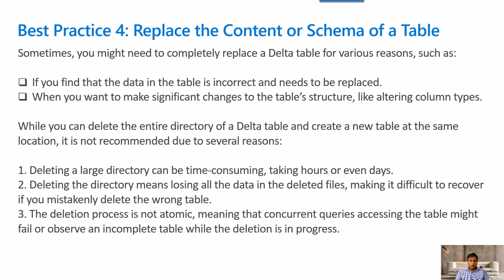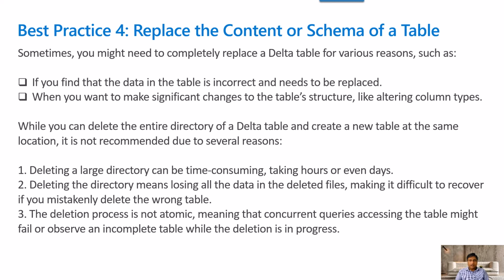When you try to do this, you can either delete the entire directory where the files are kept, and after that create a brand new table with a new schema, or you can create it in a different location. But this approach is not really recommended because it has its own side effects. So what are those side effects?